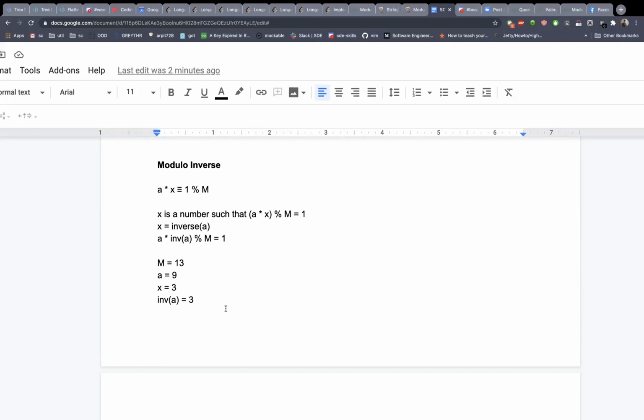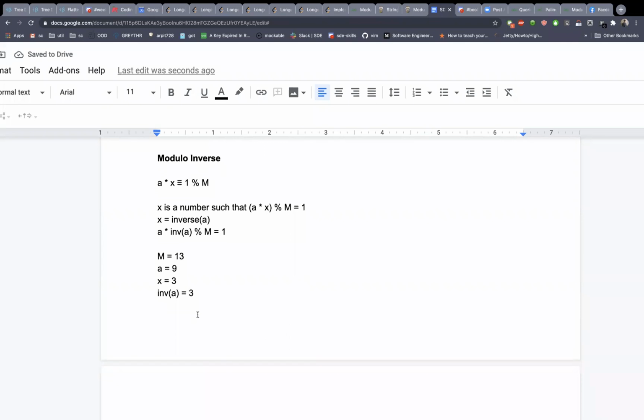I thought a and x are always going to be less than m. So mostly it won't be that m minus 1 minus a is the inverse of a.